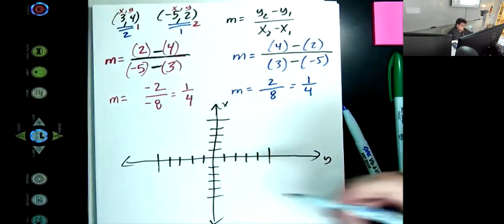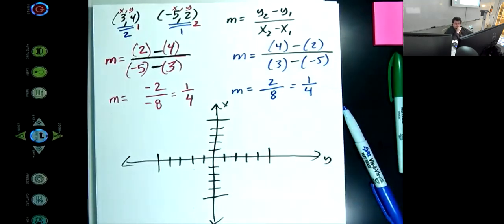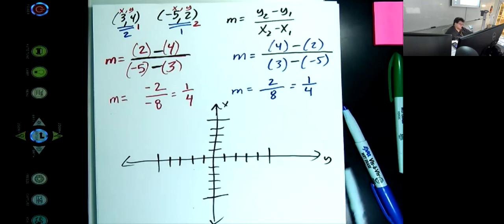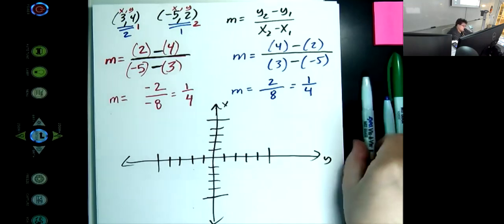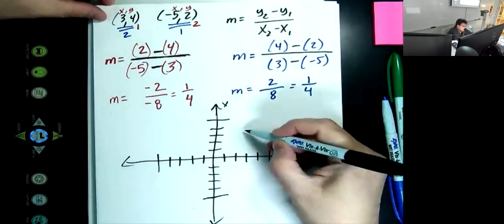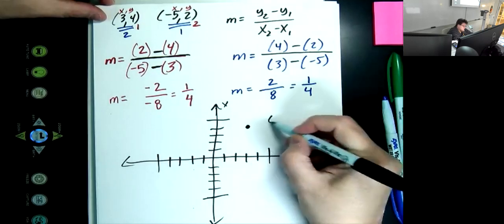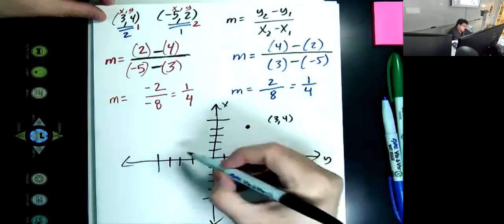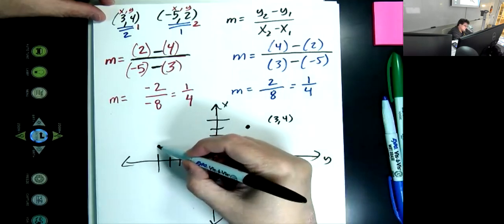I guess I didn't need to make the bottom part. Three, 4 is right here. And -5, 2 is right there.